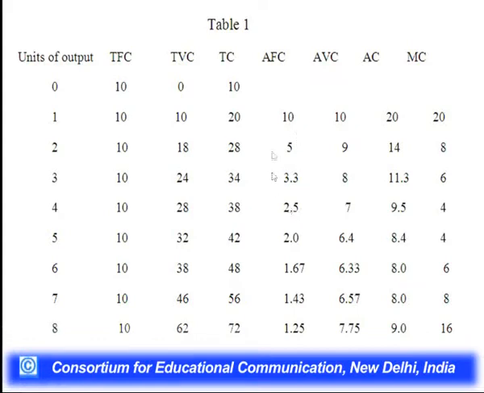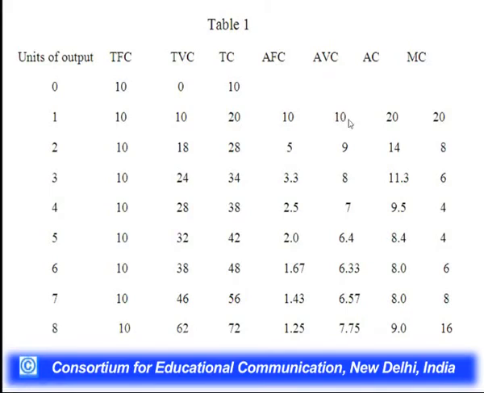It goes on declining. When you are producing 1 unit it is 10, then it becomes 5. It appears that it will touch the x-axis, but it will never be 0. So AFC goes on declining.